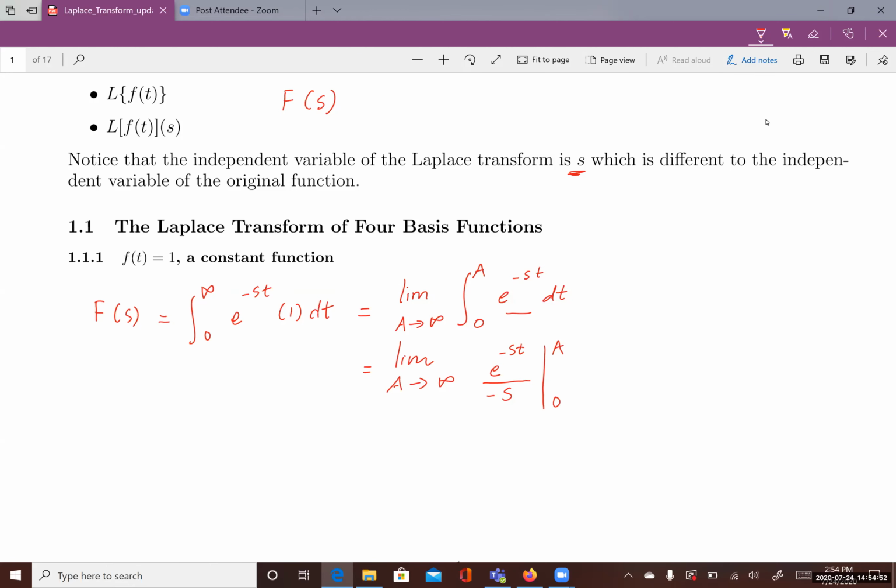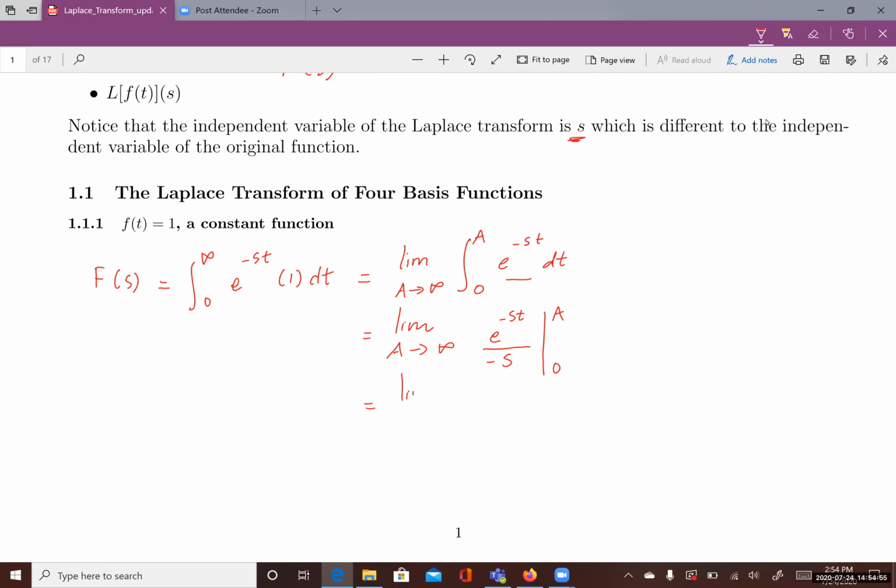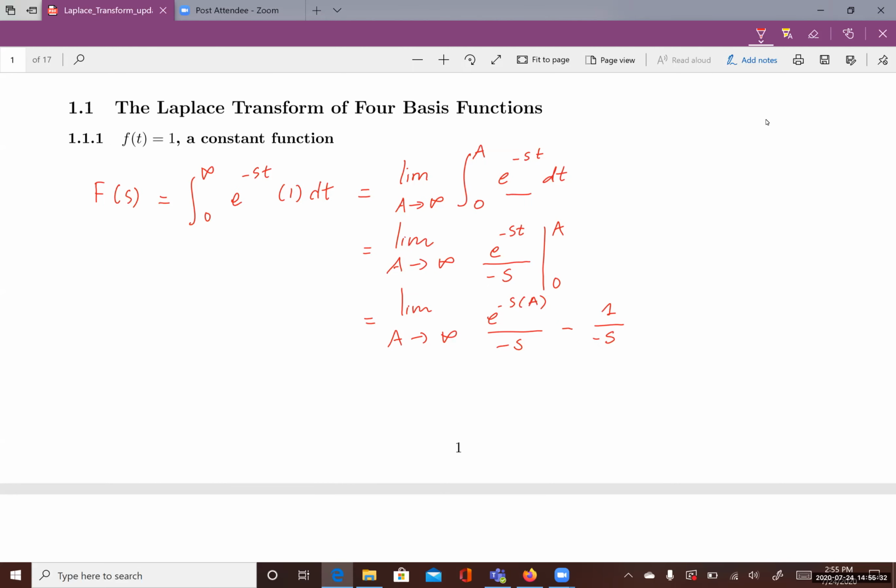Okay, again, we still have the limit as a goes to infinity. You can replace a into t, because t is the independent variable in this integral. So you have e to the negative s times a over negative s minus, plugging in 0, e to the 0, which is 1, negative 1 over negative s.